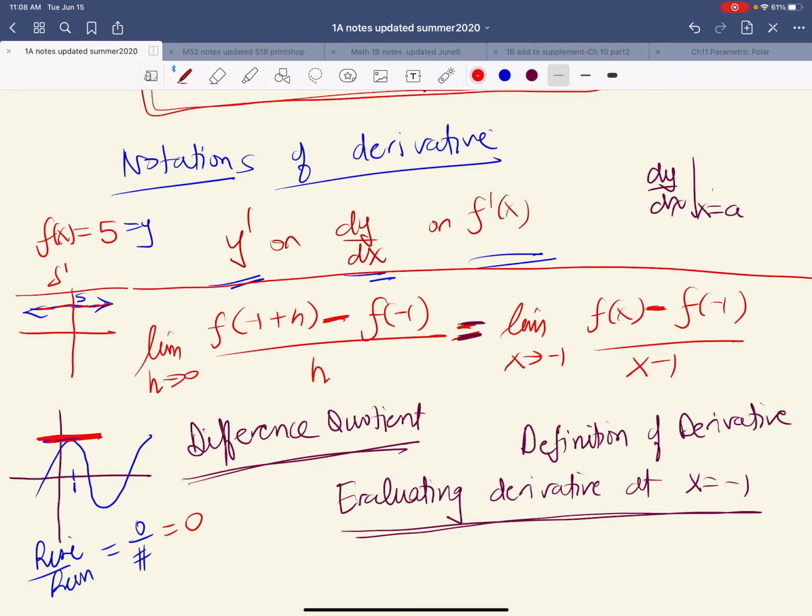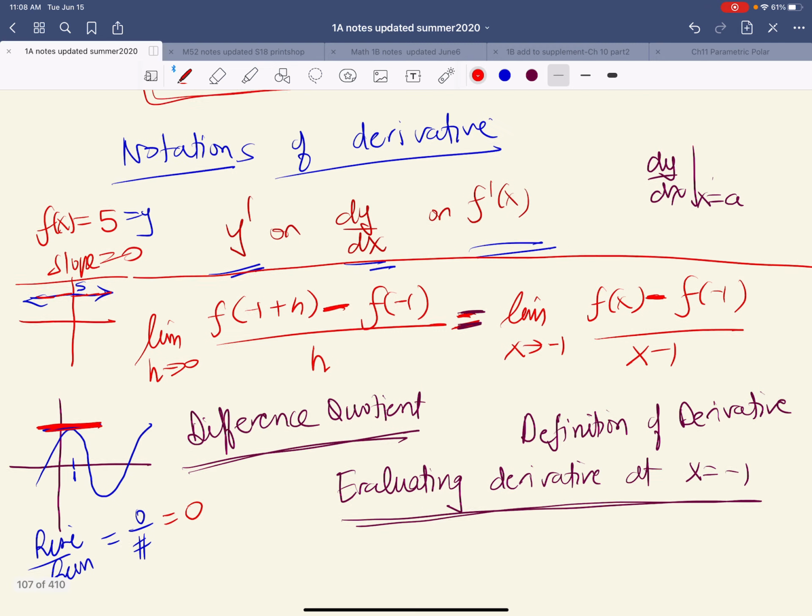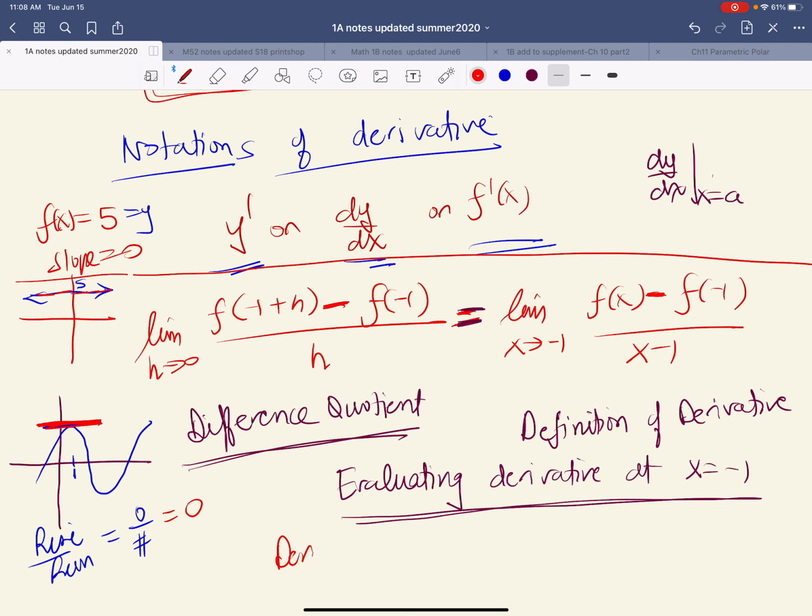So the slope would be 0. So the derivative of a constant function is 0.